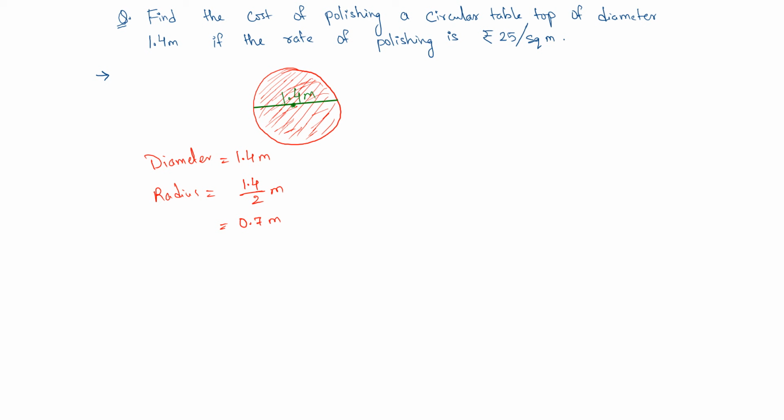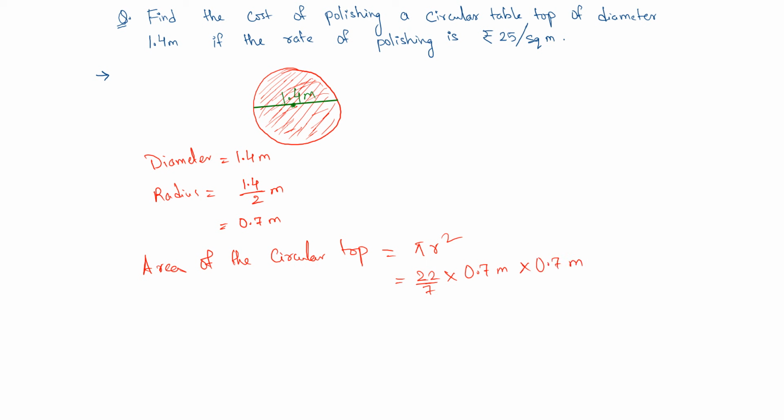Now we will find the area of the circular top. So the area of the circular top will be, we'll use the formula pi r square, 22 by 7 into 0.7 meter into 0.7 meter.